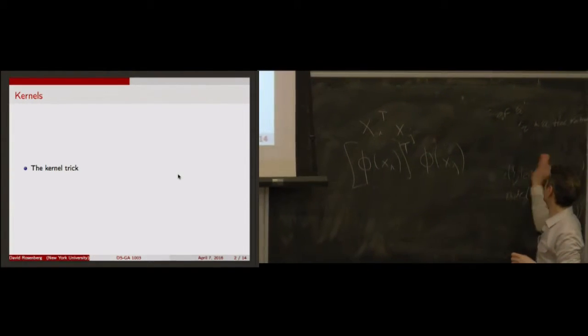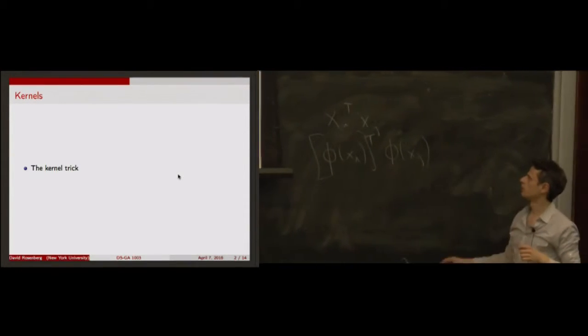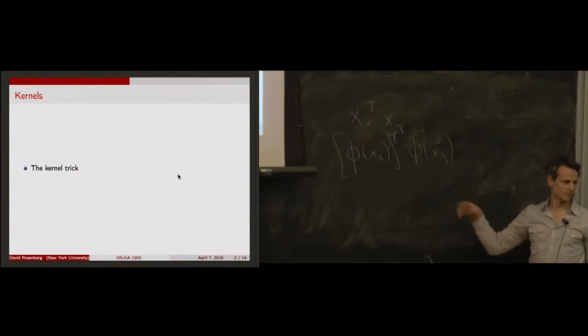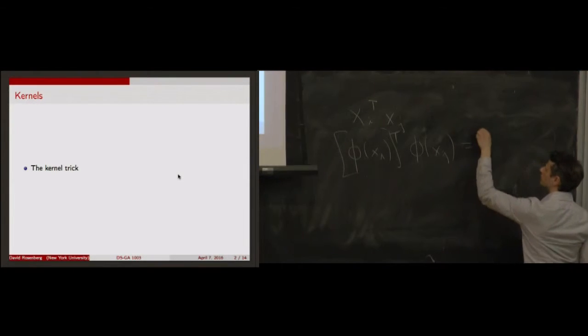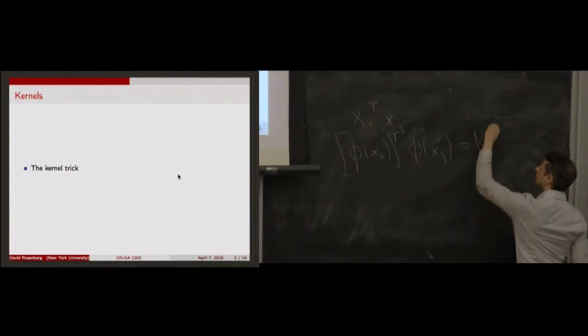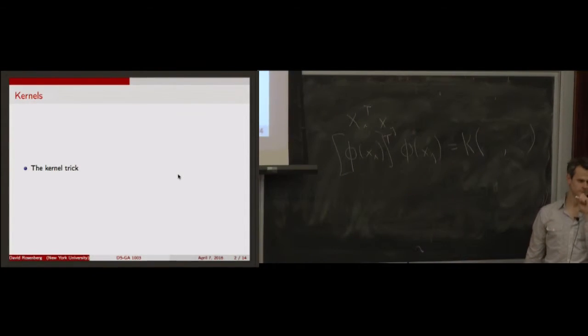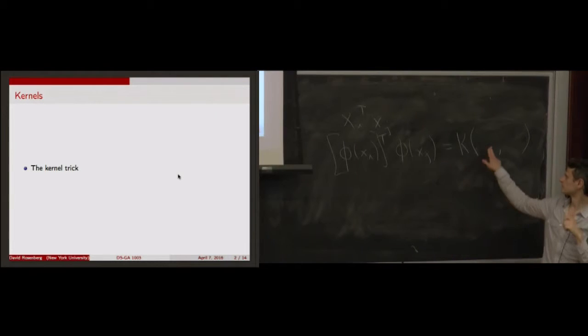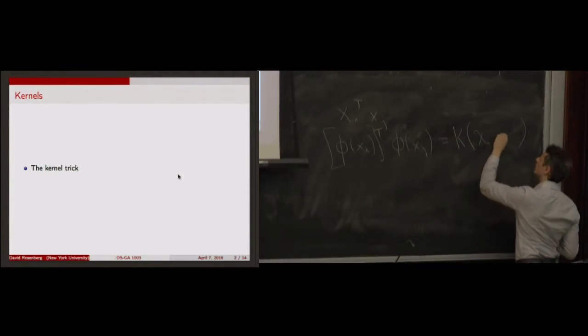Now it's often convenient when we have it in this form to write this in terms of what we call kernel functions. So we could write that this is equal to k, and it's two arguments: xi and xj.